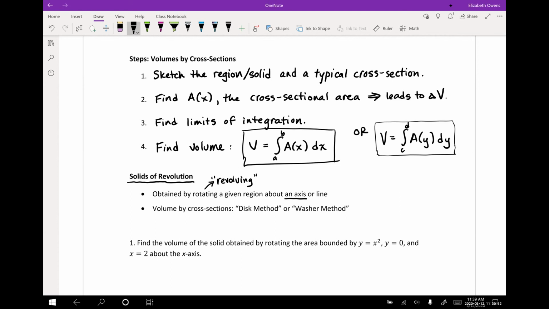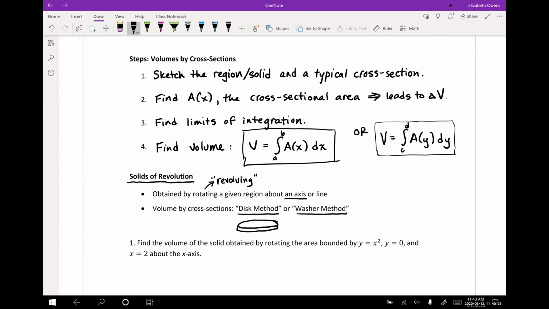Okay. And for these solids of revolution, when we do volume by cross sections, that gets called the disk method or the washer method. The difference between those two, because it really is kind of the same idea, is that the disk method is if you have a solid. So the cross sections are solid disks, just like a penny, basically.